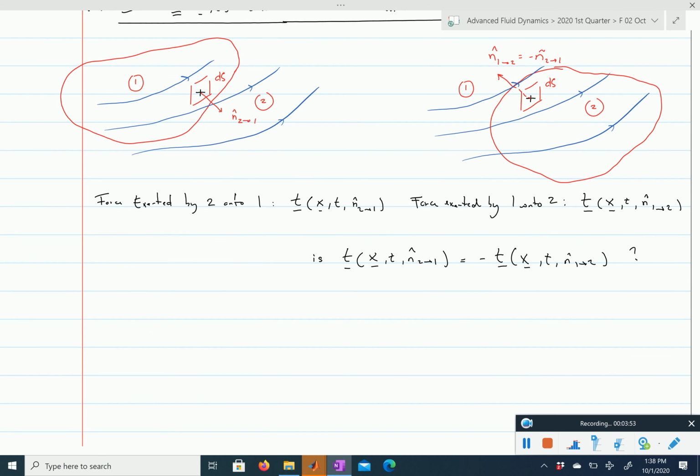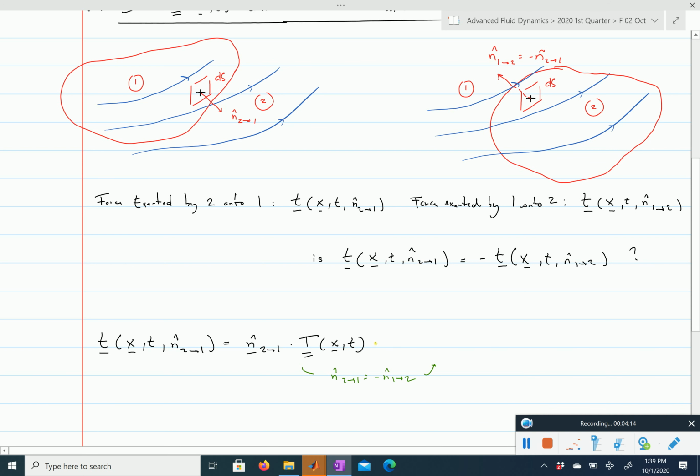Now this is simple enough to verify. The force exerted by 2 onto 1 is simply equal to the normal vector times the stress tensor. But of course, the normal vector n2 onto 1 is equal to minus the normal vector n1 onto 2.